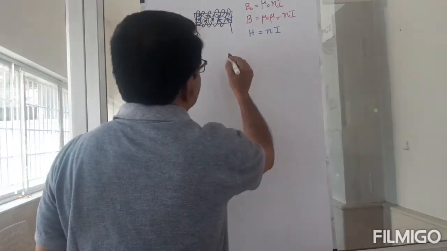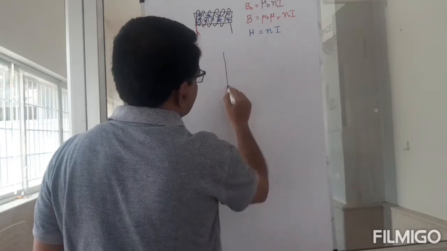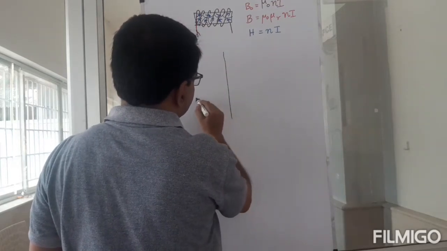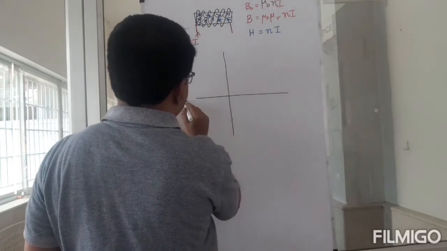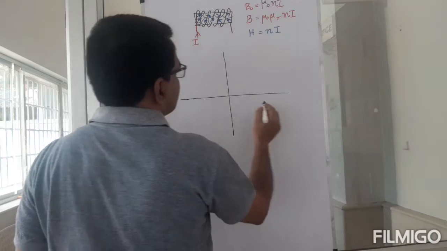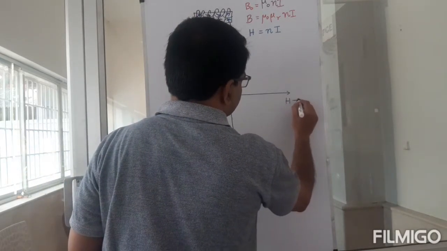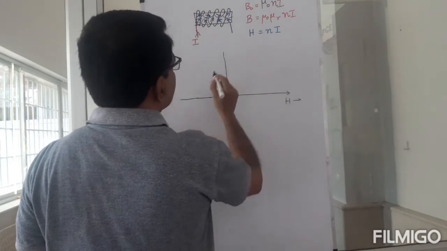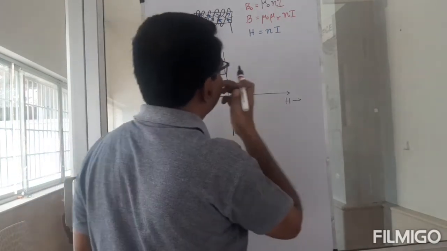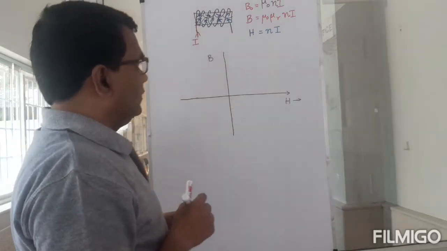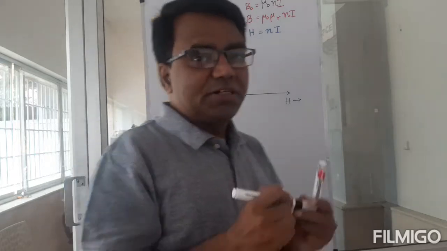So this is my result one. Along the x-axis, I'm going to have H, and along the y-axis, I'm going to have B. I'm going to do it for one material.